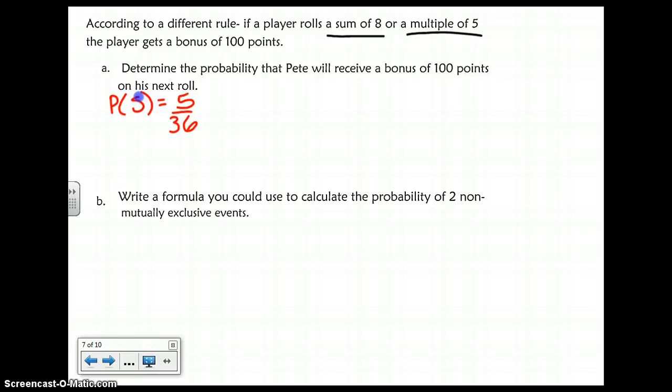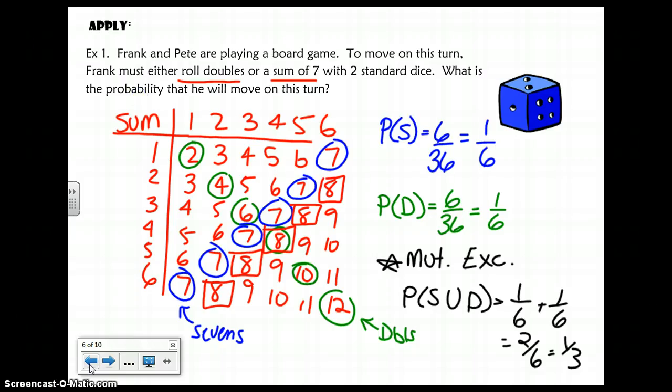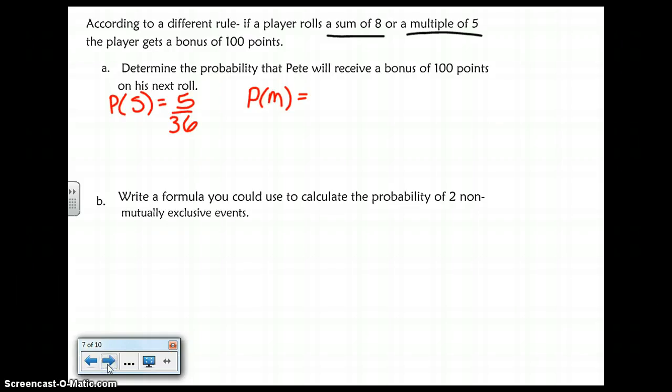But then we need a multiple of 5. So let's look here. Multiple of 5 would be, there's 4 5s there, and 3 10s.